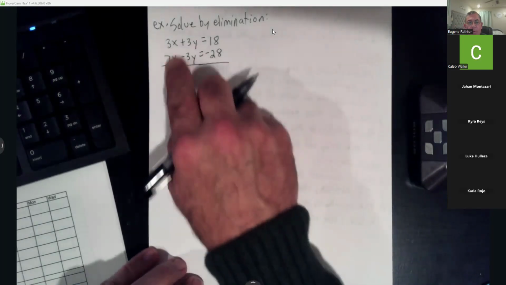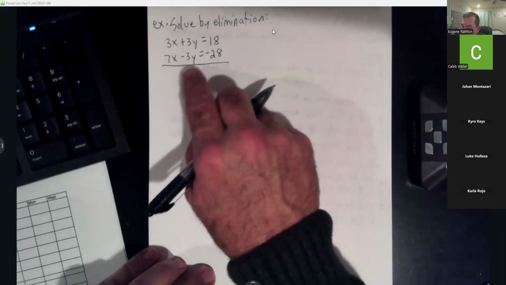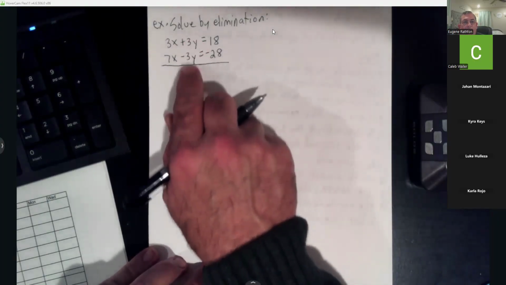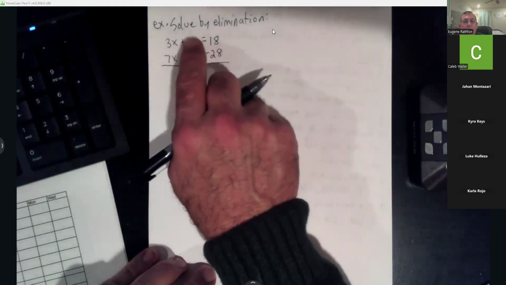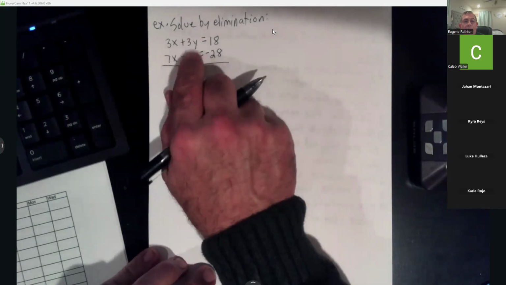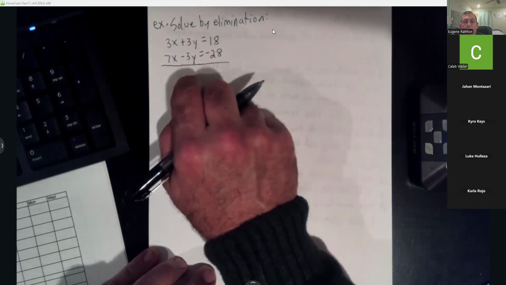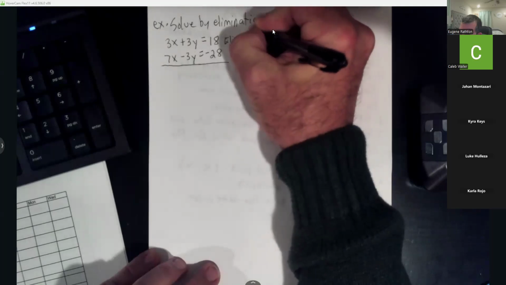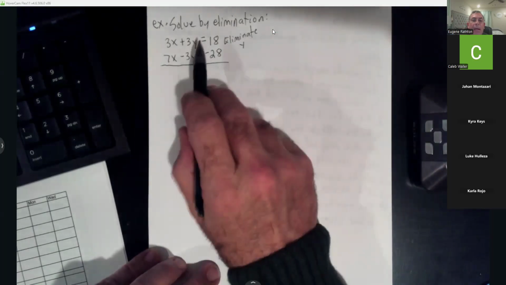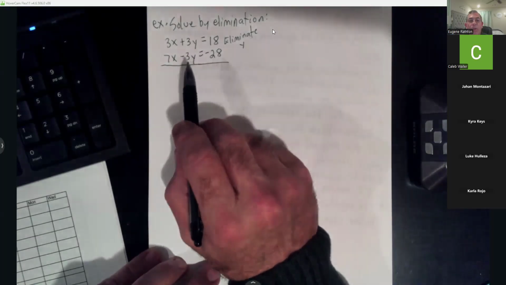Now, I'll sort of go through this one with you. But right off the bat, if I was to add these 2 equations, those y's would cancel each other out. A plus 3y and a negative 3y will give me 0y. So the first variable I'm going to eliminate is the y variable. And I don't have to change any of my rows to do that.